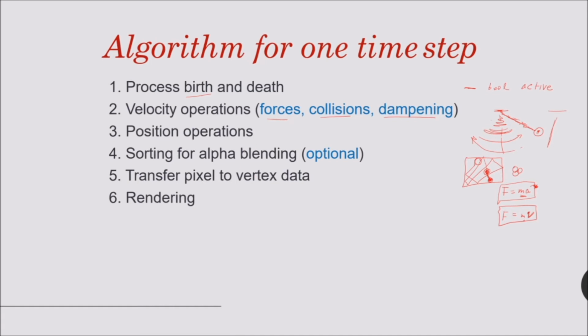And position operations, of course, depending on all these collisions and everything, you have to update your position, right? And then alpha blending. These things are especially used if you're making a fire kind of thing, where I want to mix these sprite images and make it look cool, like fire, right? Instead of just showing squares with the pictures like this.